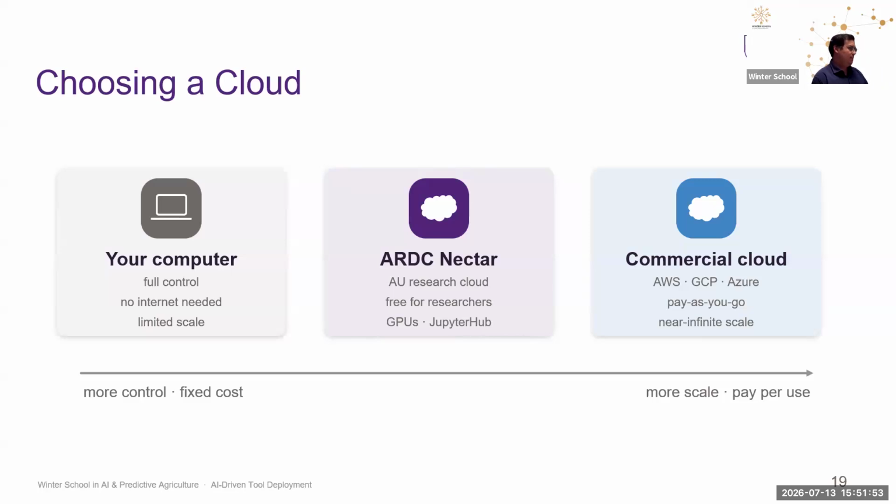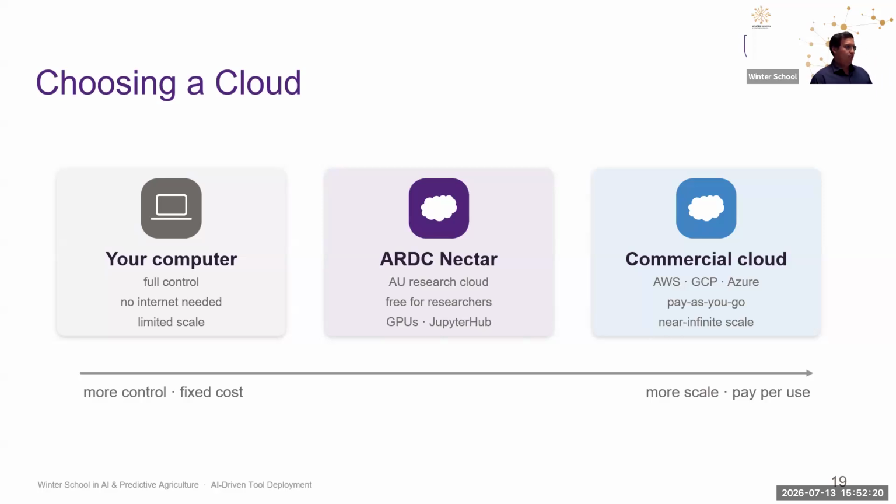I don't pay for anything when it comes to Nectar, right? It's free for researchers. It is available to any researcher in Australia and New Zealand. And it already provides you a bunch of tools like virtual desktops, Jupyter Hub, and even GPUs if you want to run actual AI and deep learning computer vision models a little bit more hands-on.